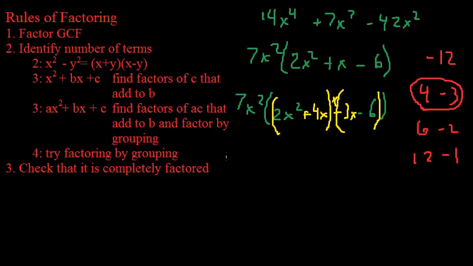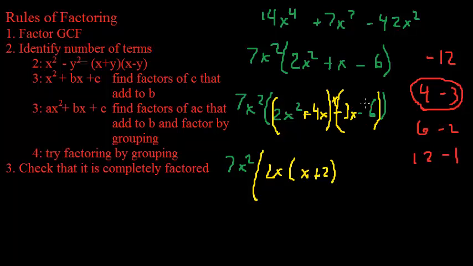I have my 7x squared still out front. My greatest common factor of these two terms is 2x. So I have here 2x times what is left here of x plus 2.